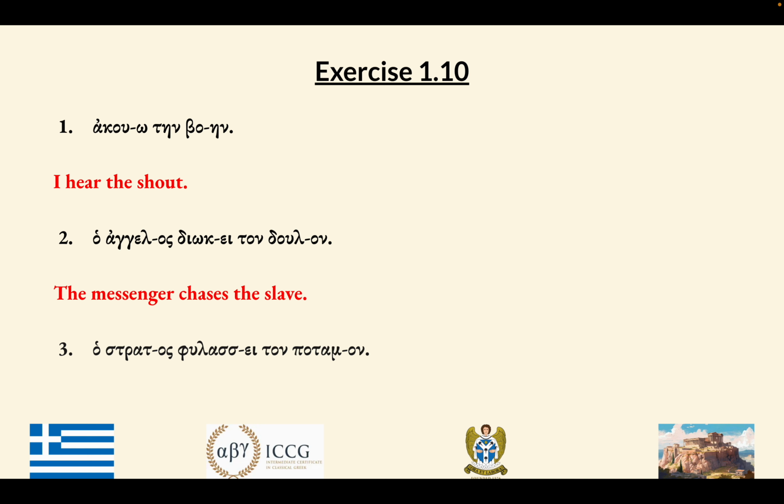Number 3, ho stratos, the army. Foulase, guards. Ton potamon, the river. So the army guards the river. Number 4, ho xenos, the stranger. Now for the verb, in this instance, you have to go to the end. Graphe, writes.